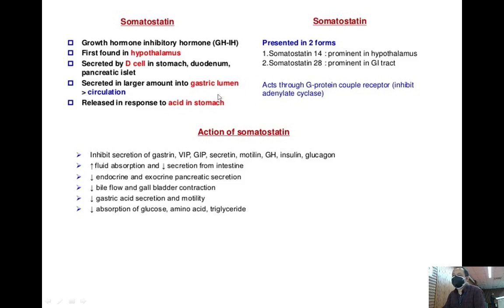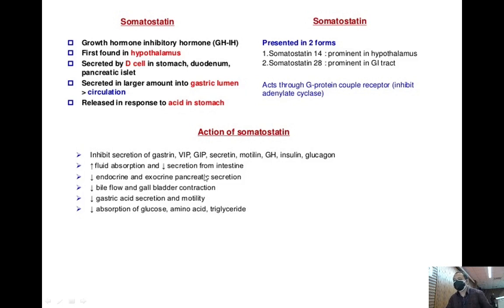Now this somatostatin is released in response to acid in the stomach, but there is a kind of feedback here. So it will also respond to the concentration of all these hormones, and then only it will be released, because its role is inhibitory, that is to control the concentration of all these hormones.